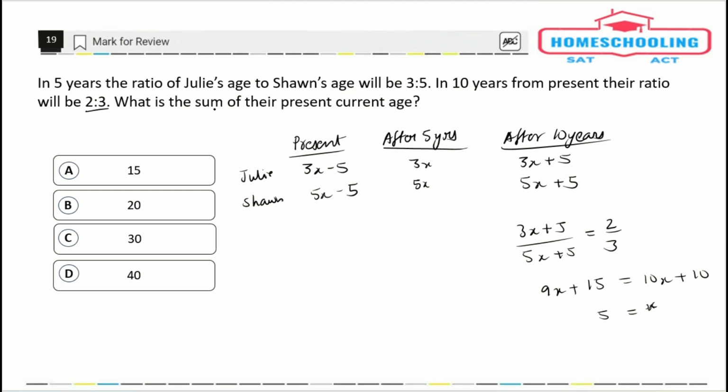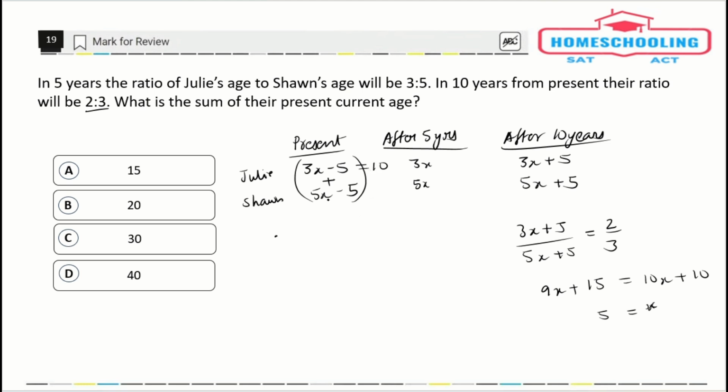So in the question we have to find the sum of their present current ages. We have to sum these two. So 3x would be how much? 3 into 5, 15. 15 minus 5, this one would be 10.